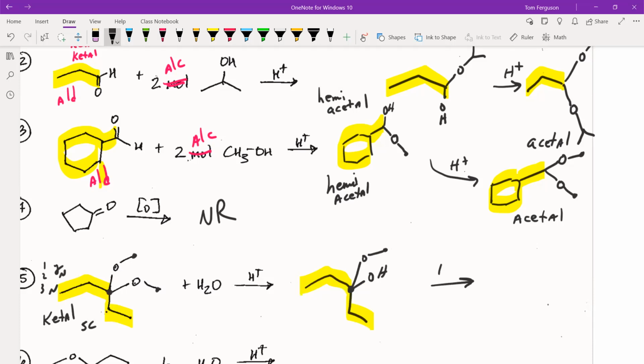I'm going to continue with water. And we have our backbone. And the anomeric carbon, once that alcohol comes off, is going to be where the ketone was.